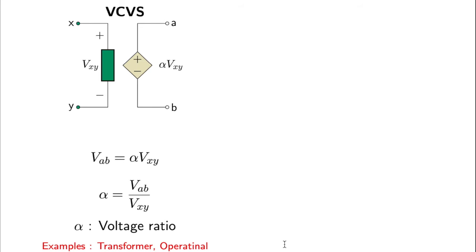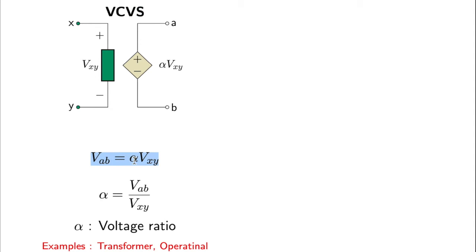Now we will visit them one by one. Voltage controlled voltage source. Here the controlling parameter is the voltage Vxy. The controlled parameter, that is the source value, is also a voltage, VAB. So correlating them, VAB will be like this.